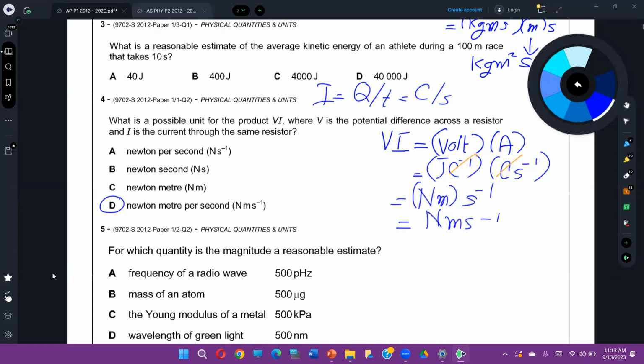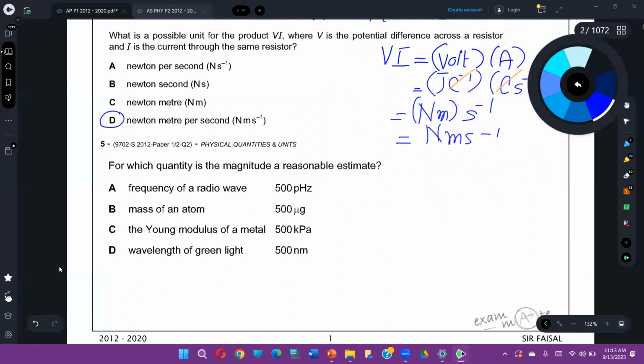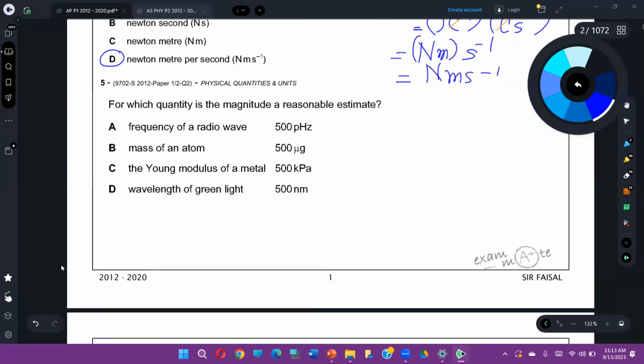Look at this question. Are you solving it on base units? No, because the question was not on base units. It's going away from the base unit. Even though it's not my topic presently, look at the question style. For which quantity is the magnitude a reasonable estimate? The worst topic of this chapter is estimate.